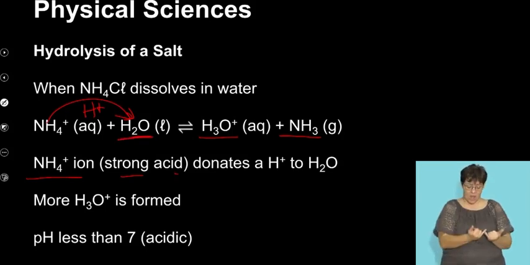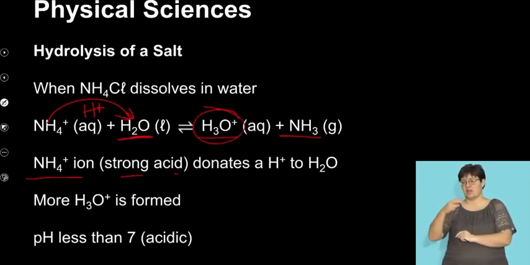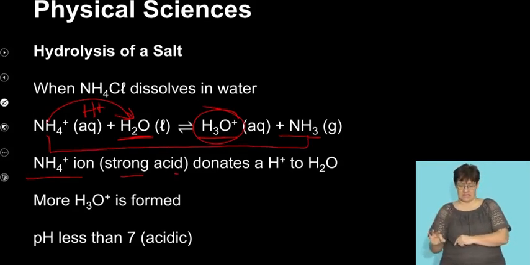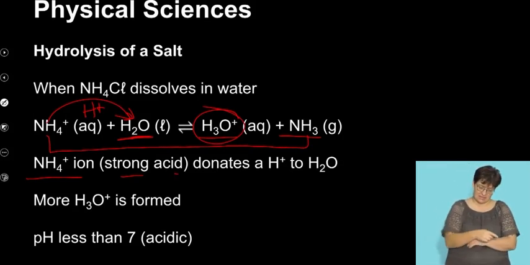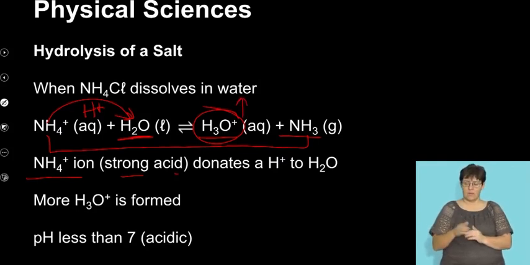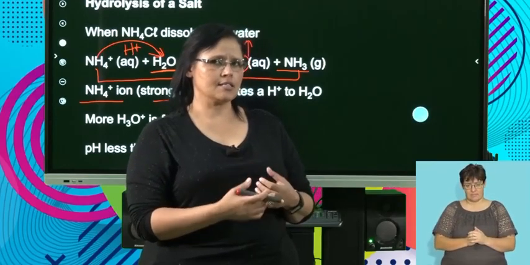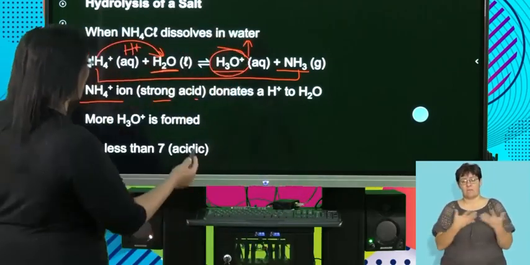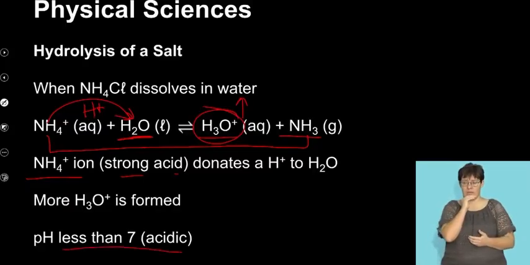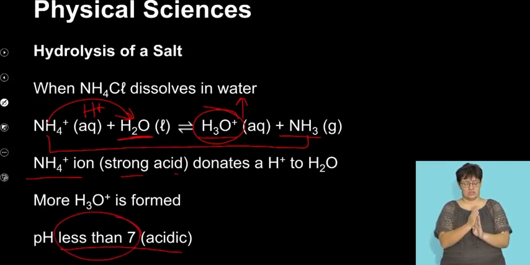The water then becomes hydronium ions, and the ammonium ion is now ammonia. So more hydronium ions are formed, and we know that where we have more hydronium ions in solution, it is acidic. So when we have more hydronium ions, it means that the pH will be less than 7.